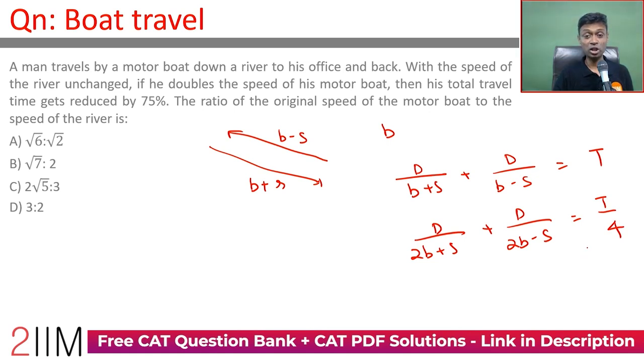We need to find the ratio of the original speed of the motorboat to the speed of the river, B is to S.